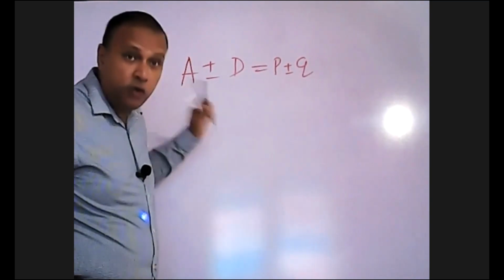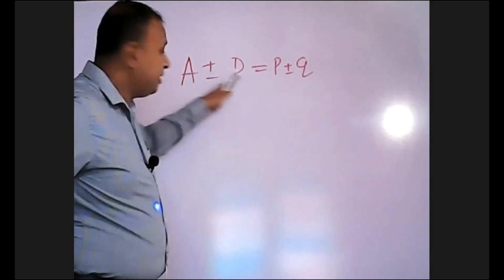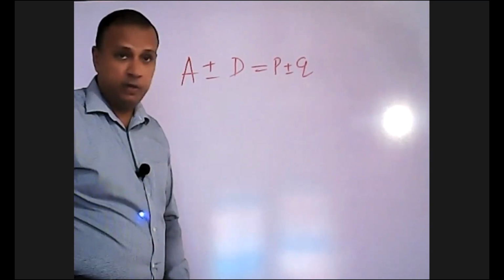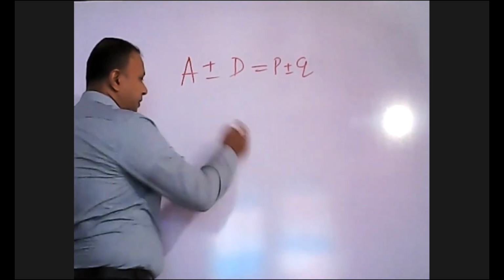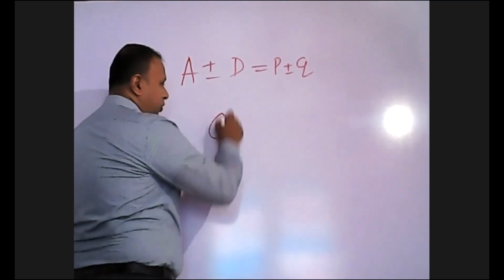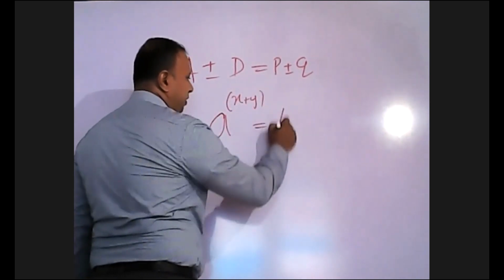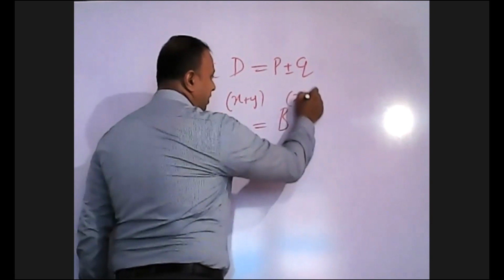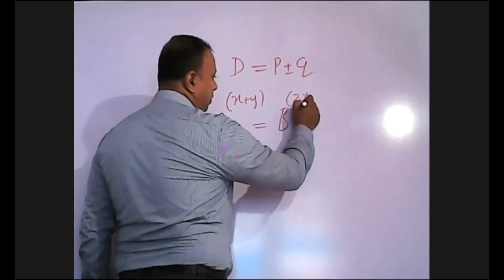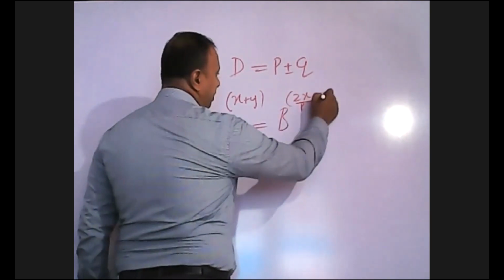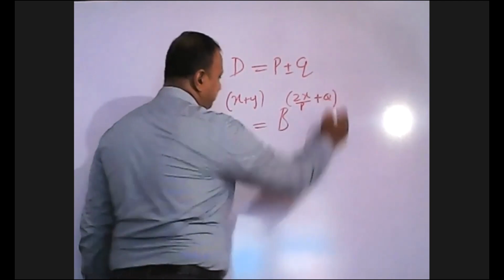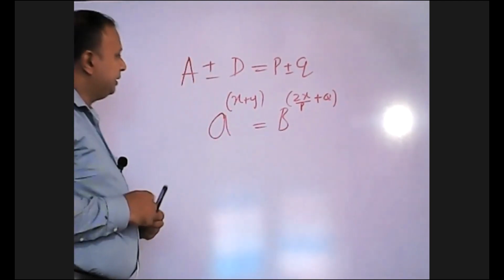According to that factor, A and D should have the same dimension. Suppose this one: a to the power x plus y equals b to the power x over p plus q.